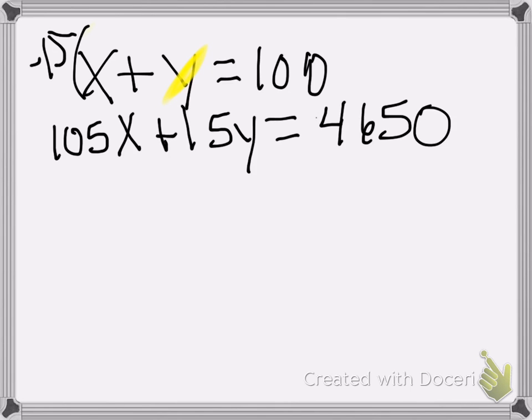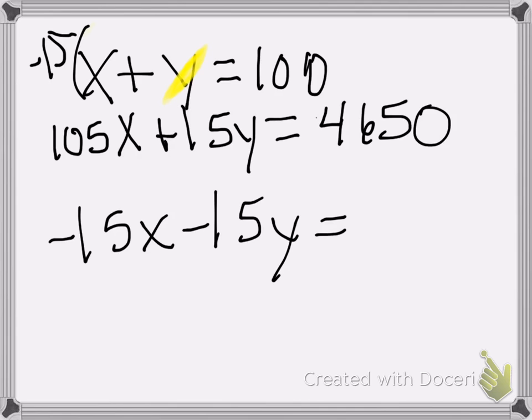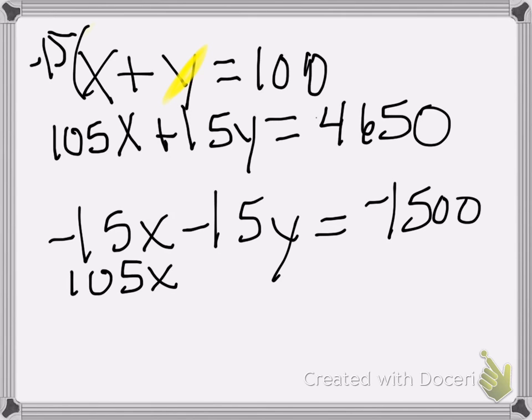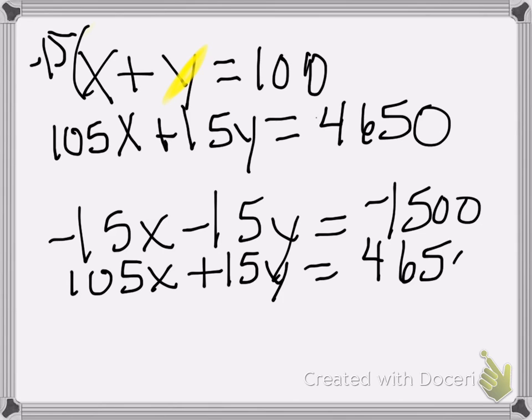So the top one becomes negative 15x minus 15y equals negative 1500. And then I have 105x plus 15y equals 4650. Okay, now when I add those together, those y's drop out, which is what we wanted.